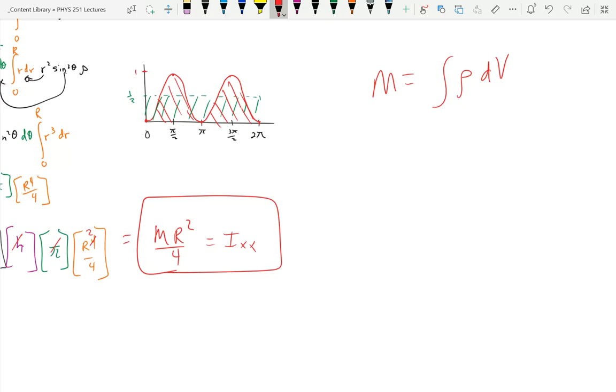But if it's not constant, then the mass of the object is not just density times volume. Instead, because it's changing, you have to add up the density times this little dV plus density times this little dV, add them all up, which we call integration. And so your total mass is the integral of density dV. So now you would have two integrals, one the integral of density dV, and then the integral we've just done. And then you could substitute in the mass in the end to get it in terms of mass.